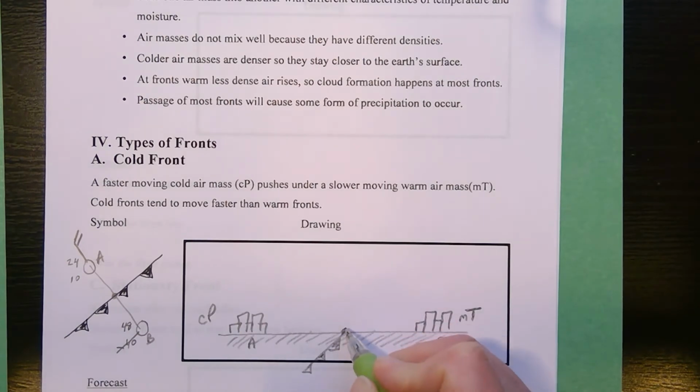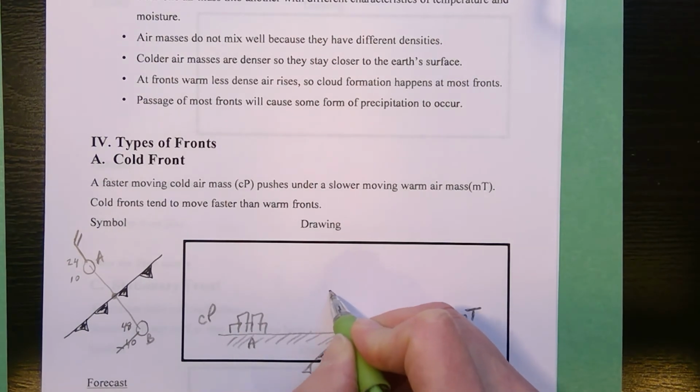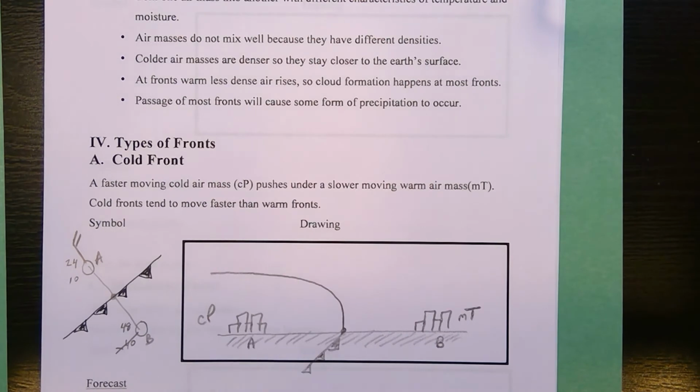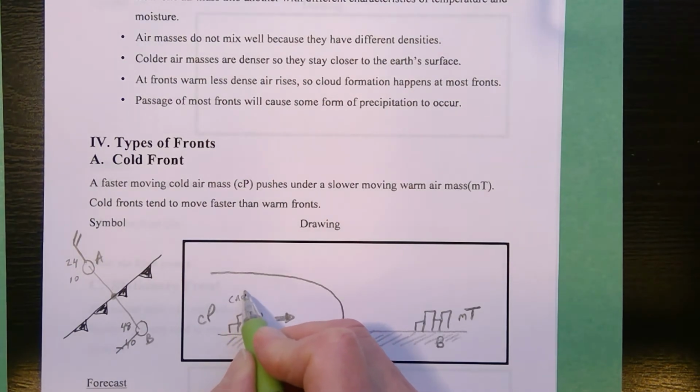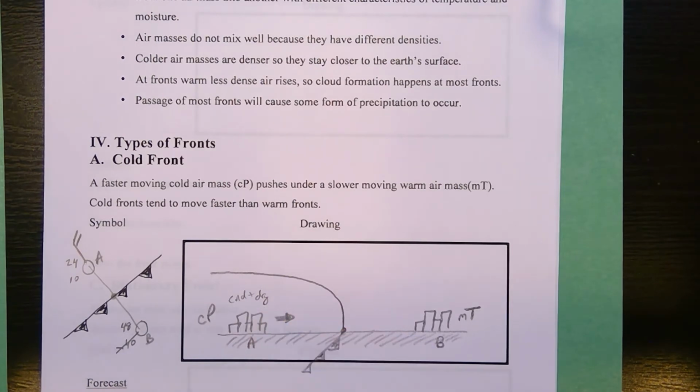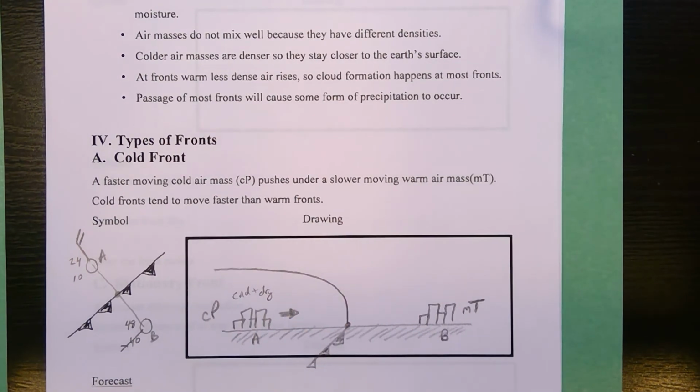But honestly, you get a very steep front, and you have the cold, dry air pushing into the warm, moist air. So at a cold front, cold, dry air pushes into warm, moist air. So this is cold and dry. It's got a higher density.